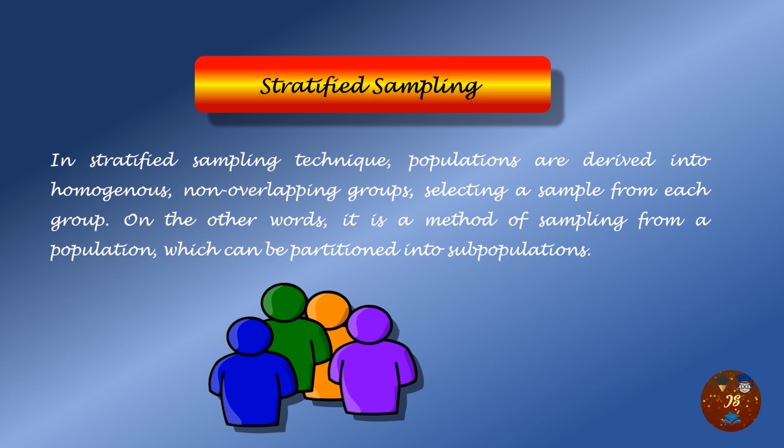On the other hand, in other words, it is the method of sampling from a population which can be partitioned into subpopulations. That means a big population can be divided into various subpopulations, and from each and every subpopulation some sampling has been done.